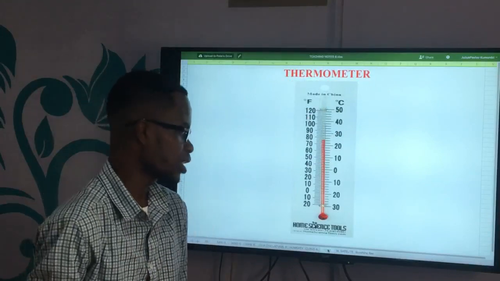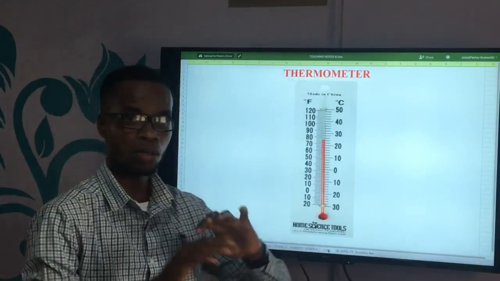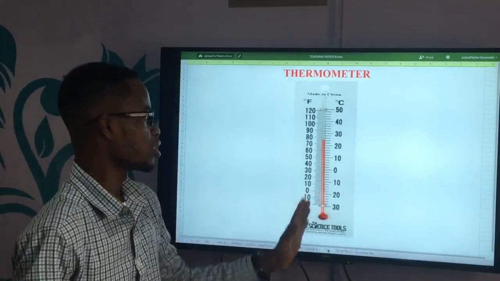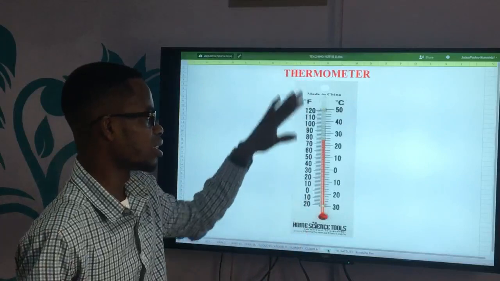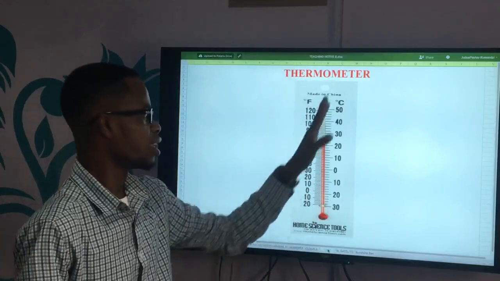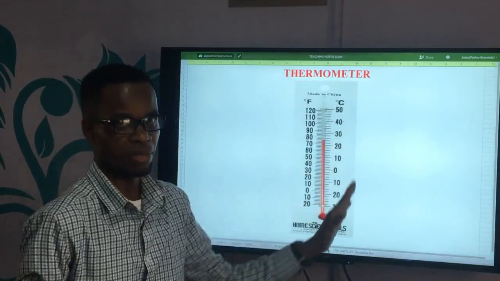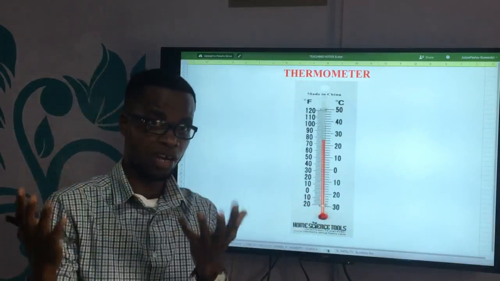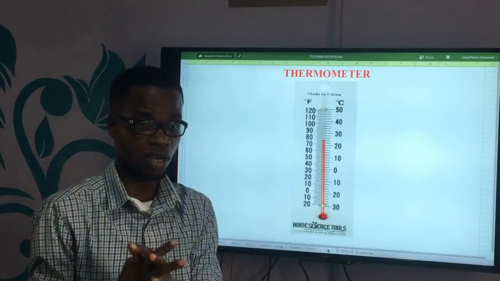Then you get the temperature. But this one is just a common student thermometer for studies, for learning. You have the measurement here in Fahrenheit, and the degree Celsius measurement here. So you know how it operates as far as your science lessons or studies are concerned.